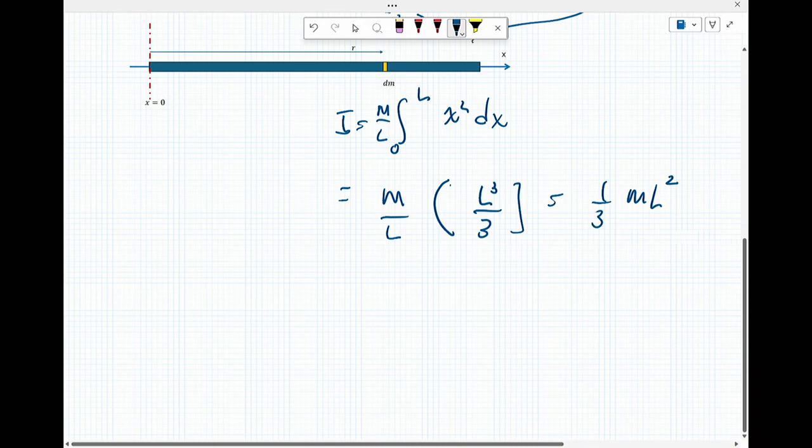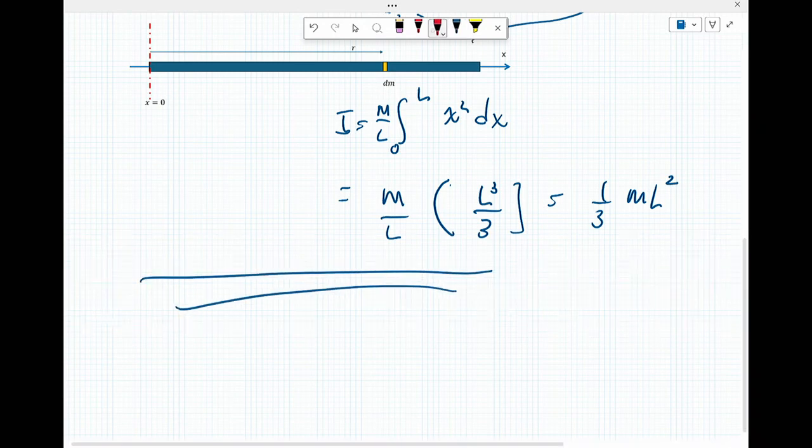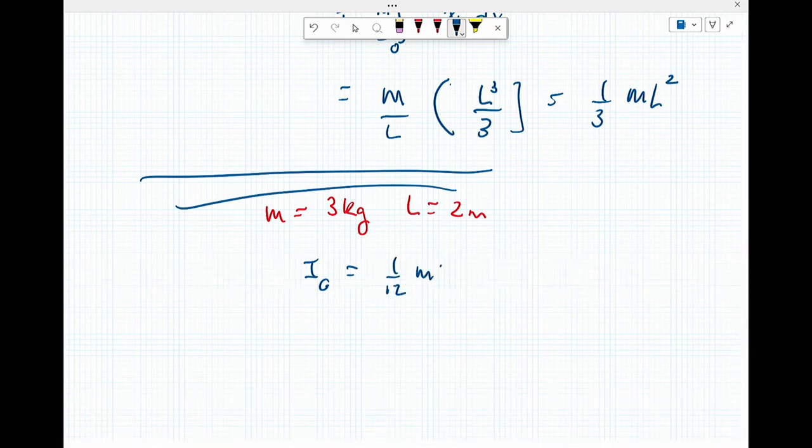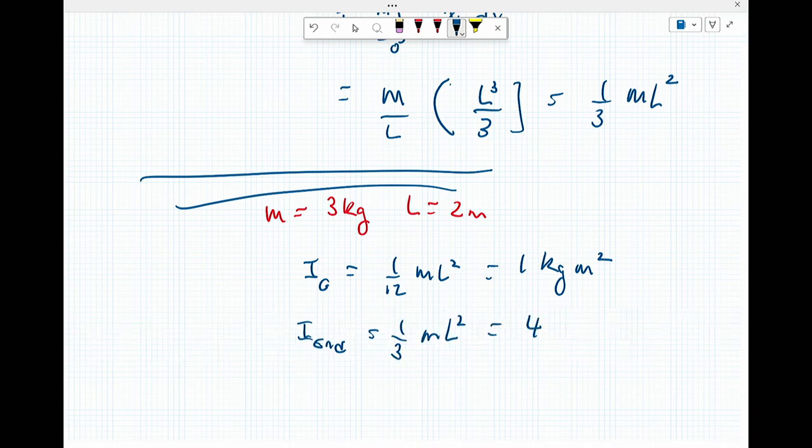So if you have a mass of 3 kilograms and a length of 2 meters, you can calculate I sub g, which is 1/12 ml squared, 1 kilo per meter squared. I about an end is equal to 1/3 ml squared, which ends up being 4 kilos per meter squared.